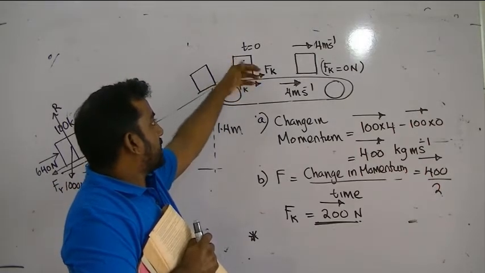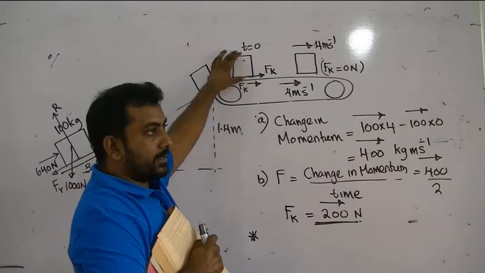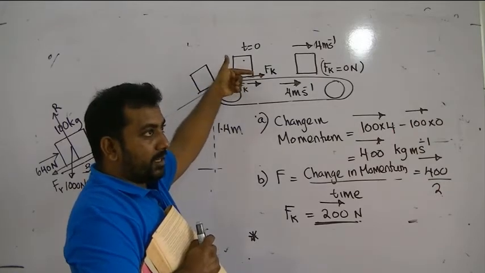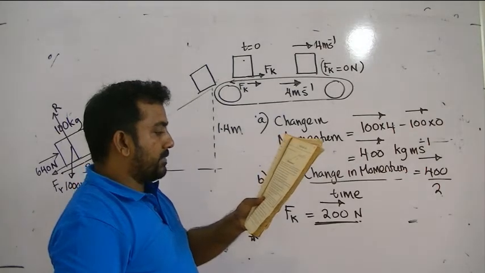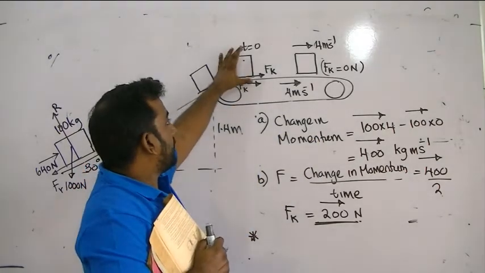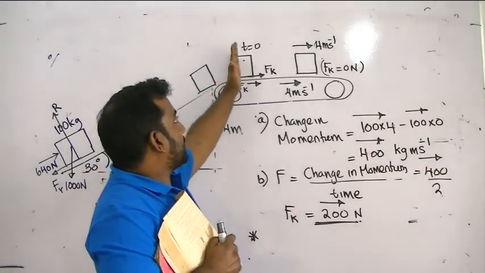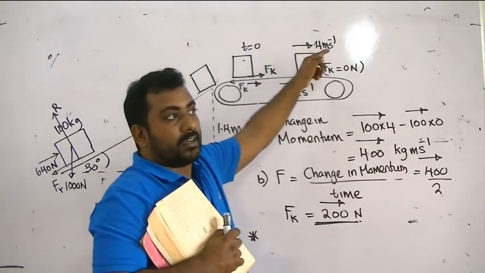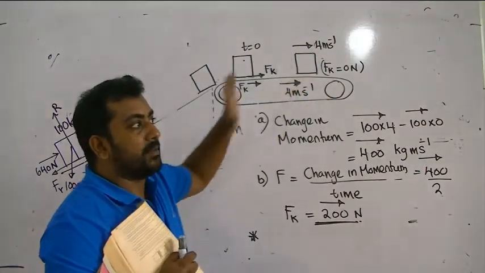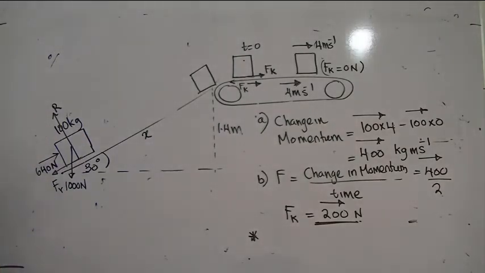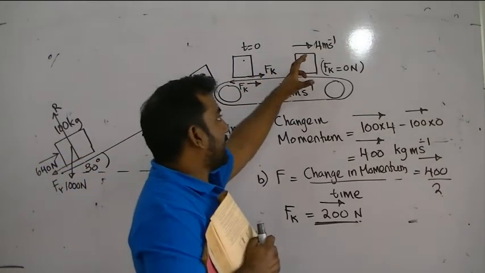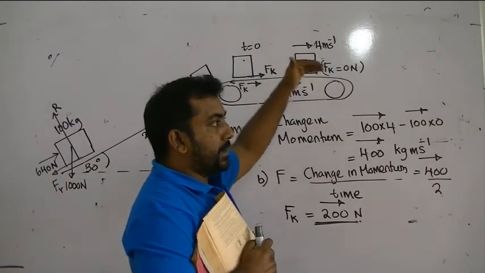The dynamic friction will act on the object, accelerating the object to reach the same speed as the belt.